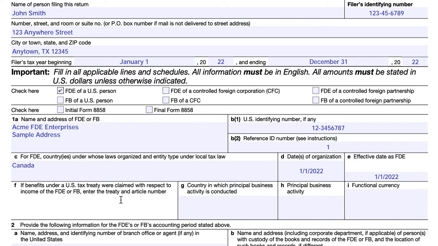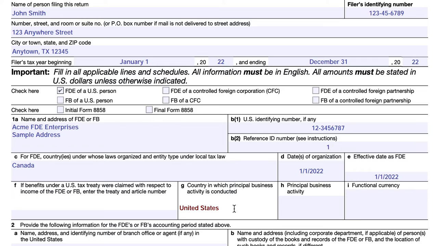If there are benefits that were claimed under a U.S. tax treaty, you would enter the treaty and the article number under Section 1F. We'll assume that there was not. Now, even though this is a Canada-based company, we're just going to put that they do a lot of their business in the United States.